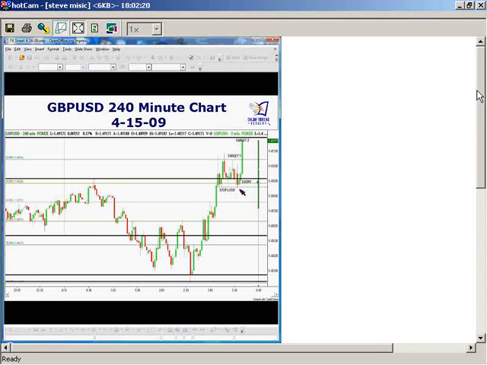We've got a logical place to get out in case the trade backs up. Okay, and again, it happens to be one of those days where if you're trading the British pound, you're getting nice moves. Okay, look at this candle though. The candle from 4 o'clock in the morning has managed to go all the way from the previous day's lows all the way to we're almost challenging the previous day's highs.